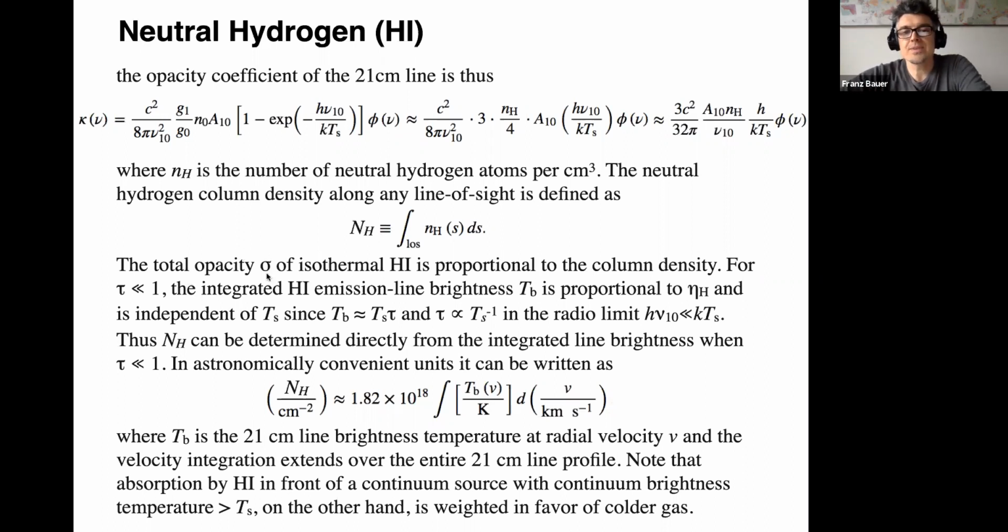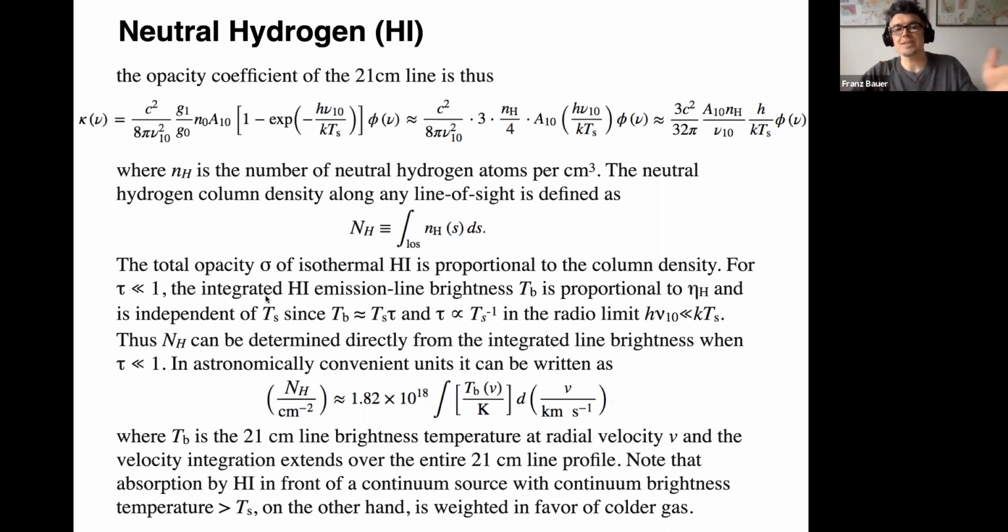So the total opacity here in terms of sigma, for an isothermal distribution of hydrogen, so it's all at the same temperature, will just be proportional to the column density. And as long as it's not optically thick, so tau is much less than 1, then you see the entire distribution along the line of sight.